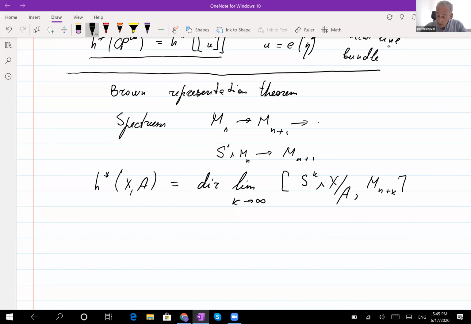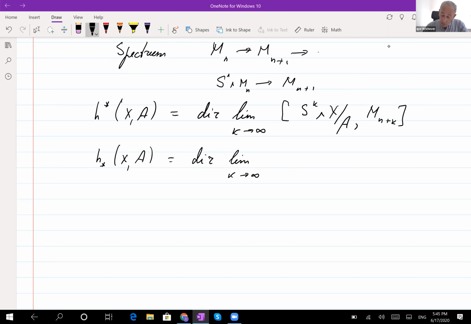And this is cohomology, and the respective homology theory is again the direct limit of S^(k+n) wedge X_A wedge Mk. So this is just the homotopy definition of cohomology theories.